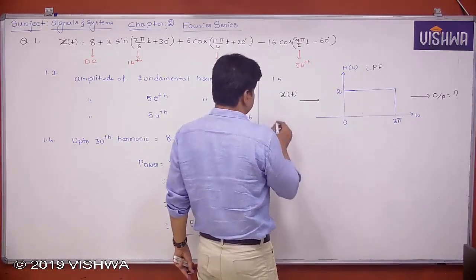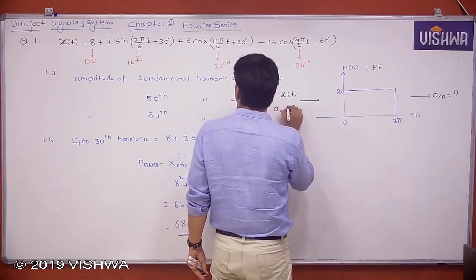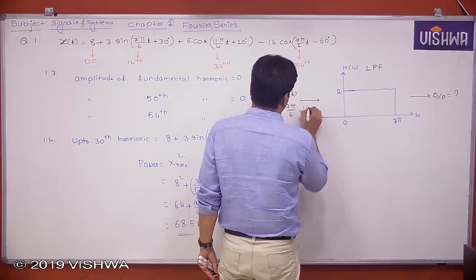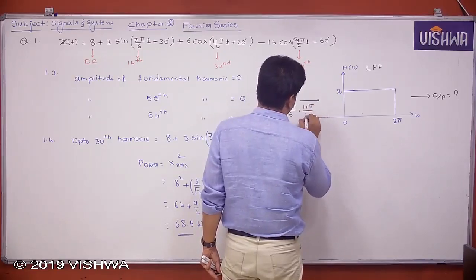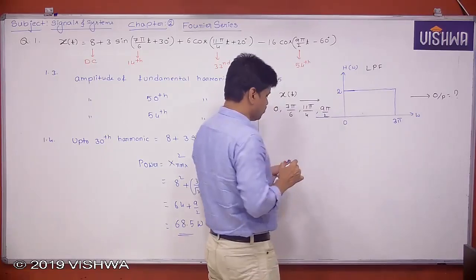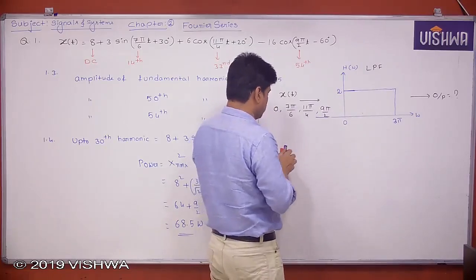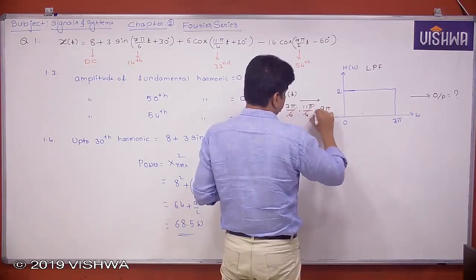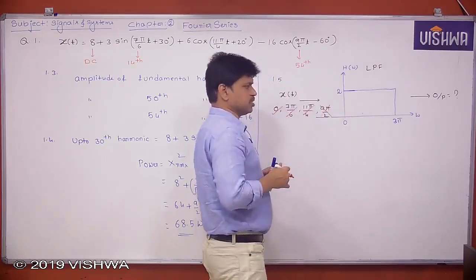So I can say 0, 7 pi by 6, 11 pi by 4, 9 pi by 2. Out of these frequencies, 0, 7 pi by 6 and 11 pi by 4 are passed, but the last frequency does not pass through.